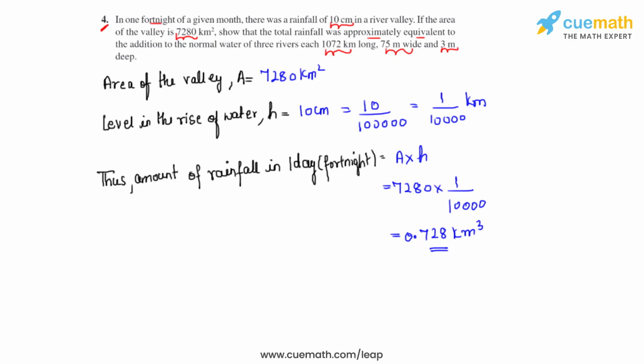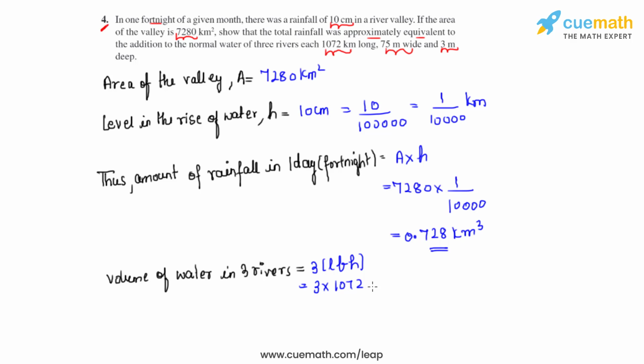Now we'll be calculating the volume of water that we have in the 3 rivers, for which the dimensions have been given. So we'll find out the volume of water in 3 rivers to be equal to 3 times LBH, where L represents length, B represents width, and H represents the height or the depth. So it will be 3 times 1072.